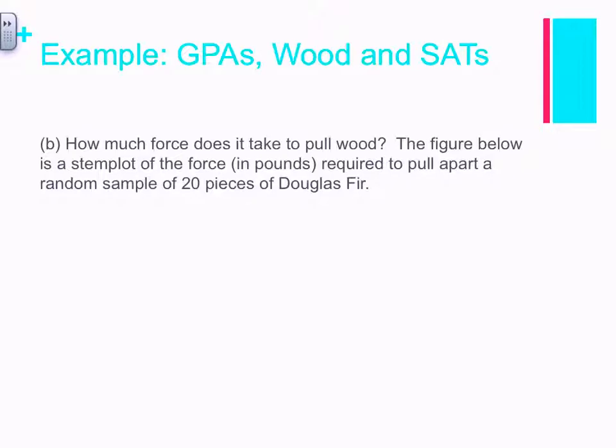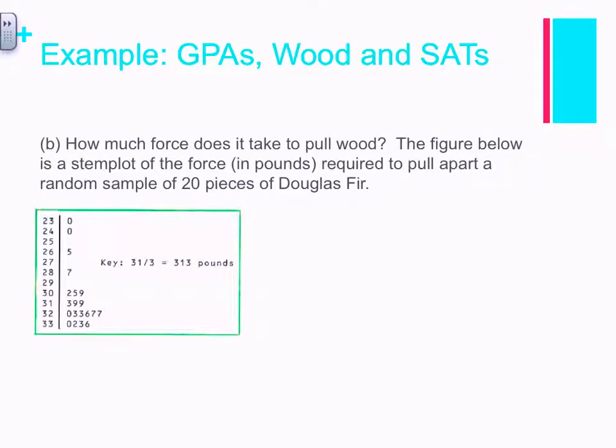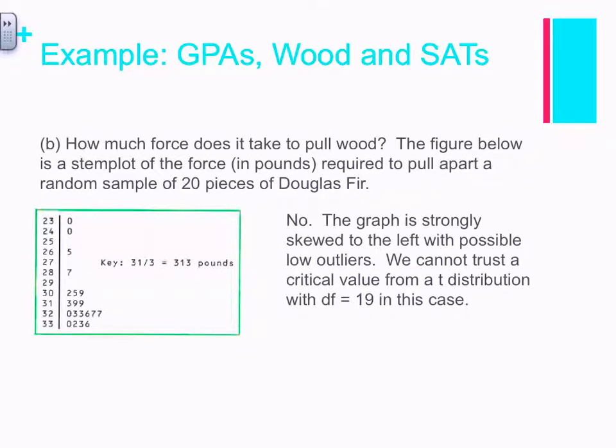Okay, so how much force does it take to pull wood? The figure below is a stem plot of the force in pounds required to pull apart a random sample of 20 pieces of Douglas fir. So we would not use a t distribution for this one either. The graph is strongly skewed to the left with possible low outliers.